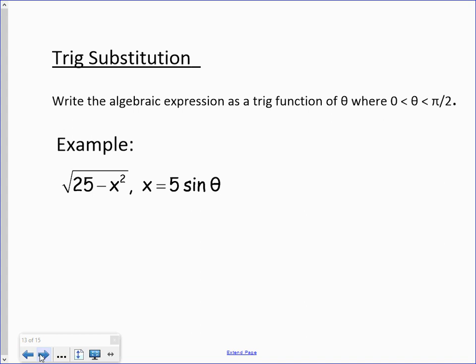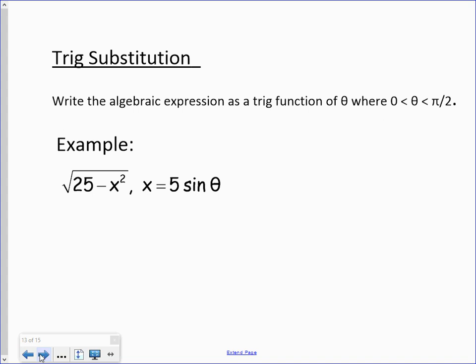They're going to give you an algebraic expression, the square root of 25 minus x squared, and then they're going to give you that variable in some trig form. So x is equal to 5 sine theta, which can come back to us later on in chapter 10 in terms of polar coordinates. So there are some connections to our later chapters here.